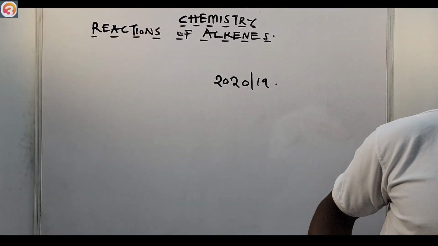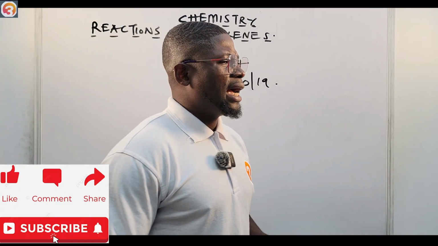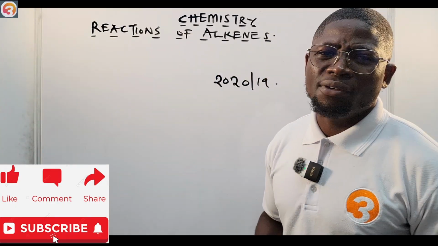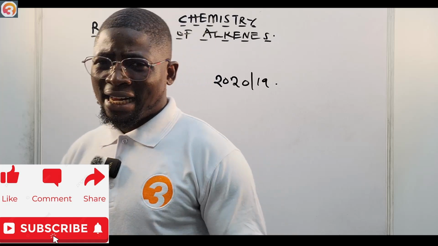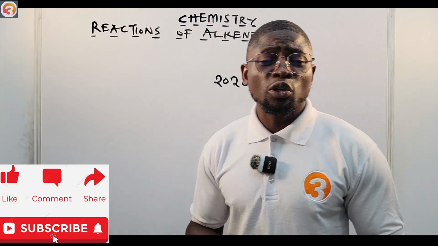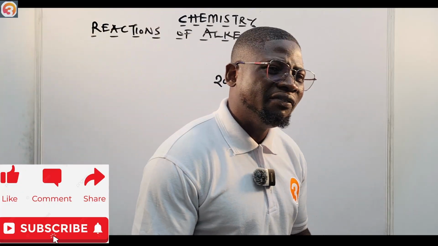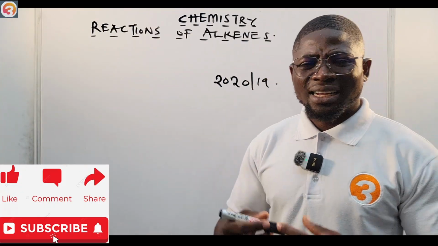But for now, let us see the reactions that alkenes undergo. Alkenes undergo various addition reactions, because we have said that alkenes are favored by addition reactions mostly. But mind you, they also undergo substitution reactions, and they also undergo what we call cleavage reaction.